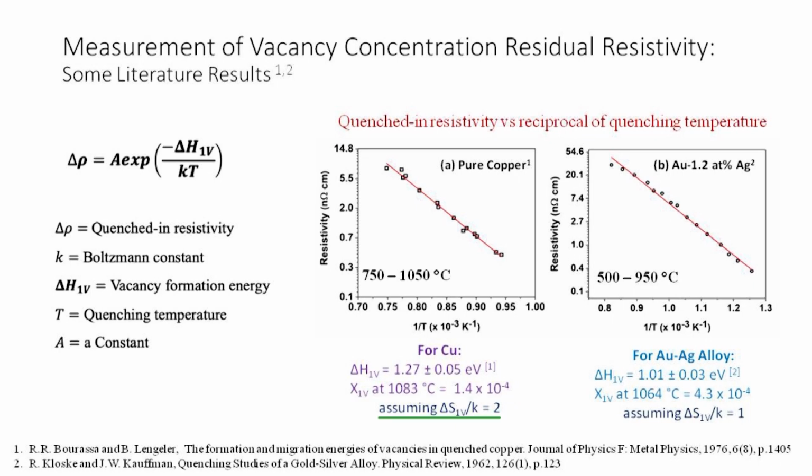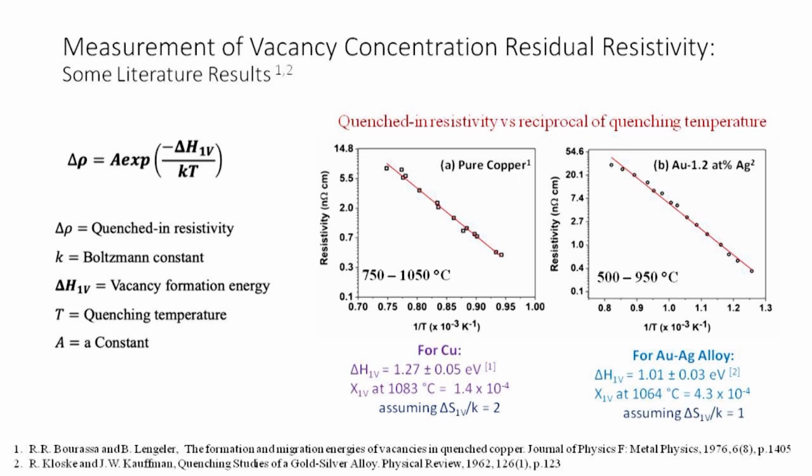If we take delta S 1 v to be 2 kb, again delta S 1 v cannot be measured by this technique. This is just what I have taken from other data. Another example is from the work of Klauske and Kaufmann. They measured the residual resistivity in the temperature range of 500 to 950 degree centigrade.